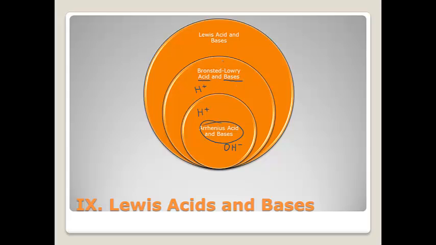Lewis acids and bases basically dealt with electron pairs, okay, and donating and accepting. Don't forget, the definitions are kind of the opposites though. Here a donor is the base and the acceptor is the acid. Here the donor is the acid and the acceptor is the base.